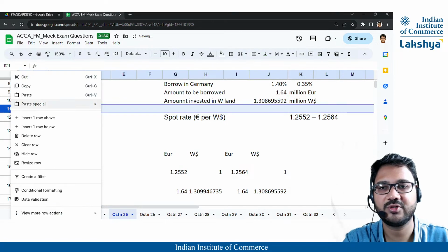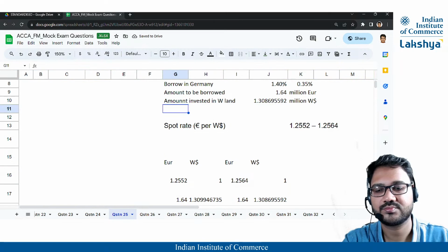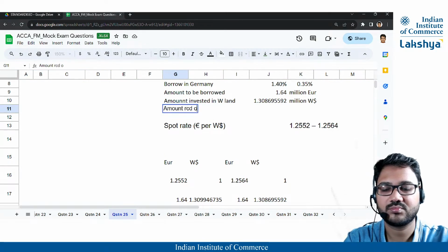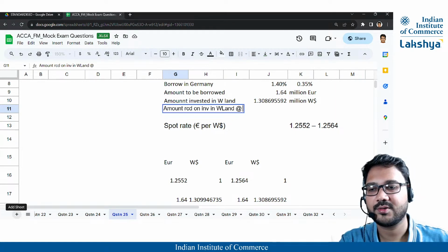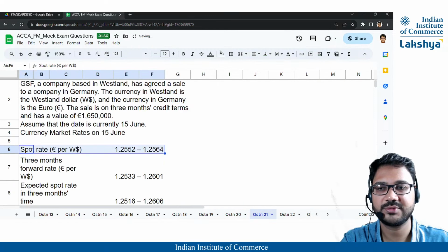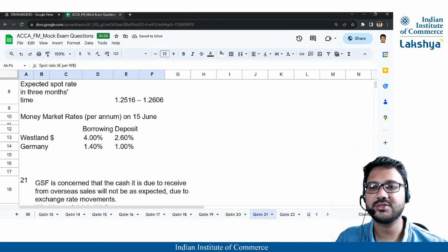And on that, we are going to earn, what is the... I understand it becomes a little difficult to switch screens.